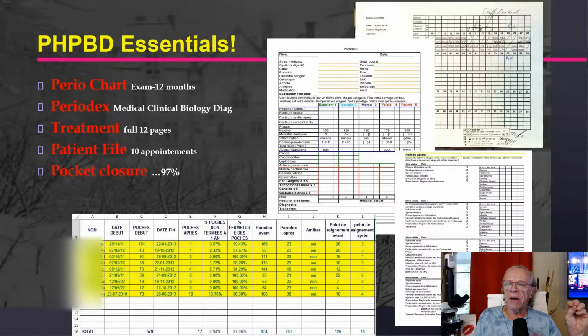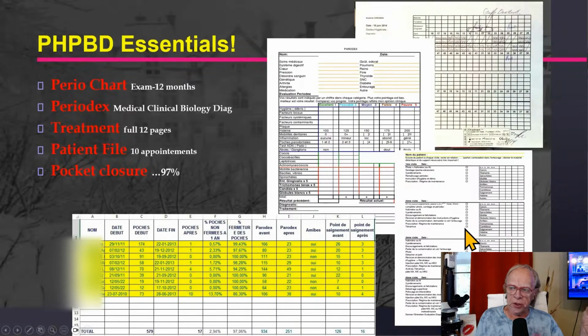So you find everything in there in this PHPBD essential. We also have a treatment, complete full page treatment and patient file, the same thing. So you have treatment phase, treatment first visit, second, third, fourth, all up to 12 visits. And you can write what you find about bacteria, parasite, white blood cell here on the right side, and complete treatment.